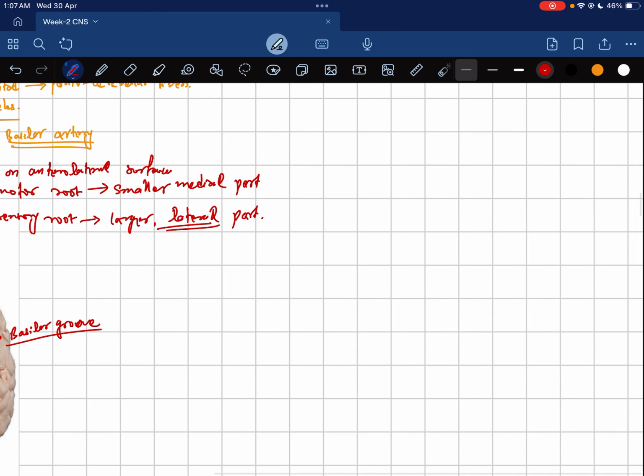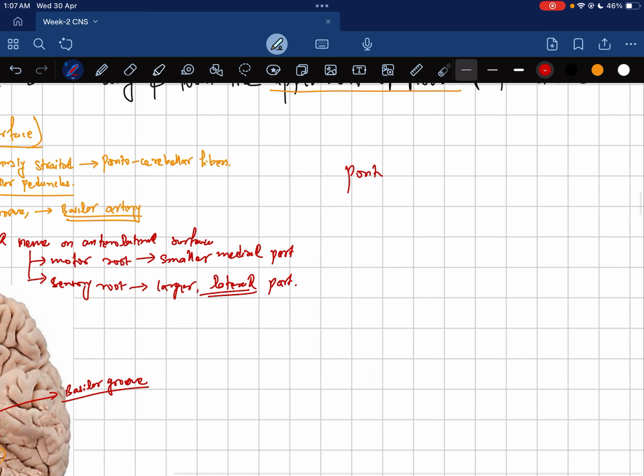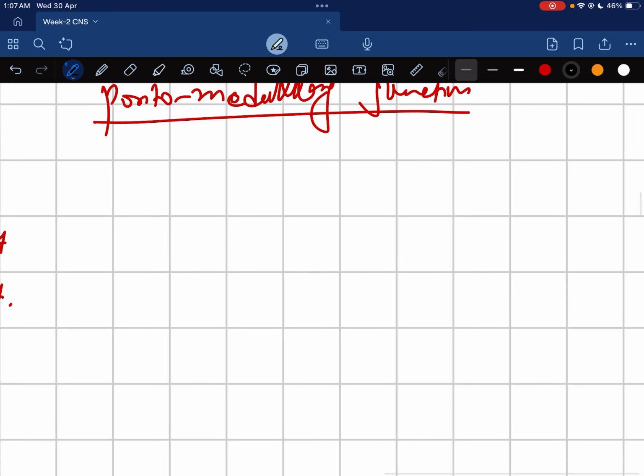And also there is the pontomedullary junction. Regarding this pontomedullary junction, from medial to lateral there is the origin of some nerves.